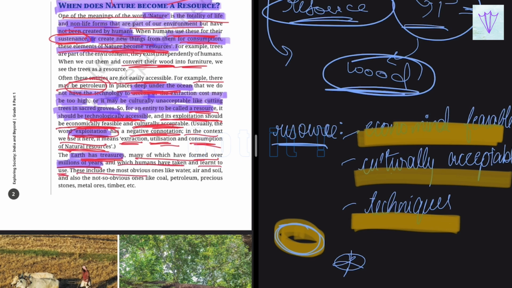So this includes the most obvious ones like the water, air, soil, and also the non-obvious ones like coal, petroleum, precious stones, metal ores, and many more. So the resources which we usually think of are water, air, and soil, and also the coal, petroleum, and precious stones are also resources.